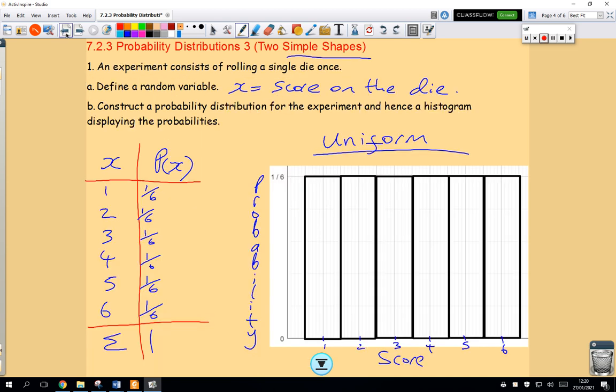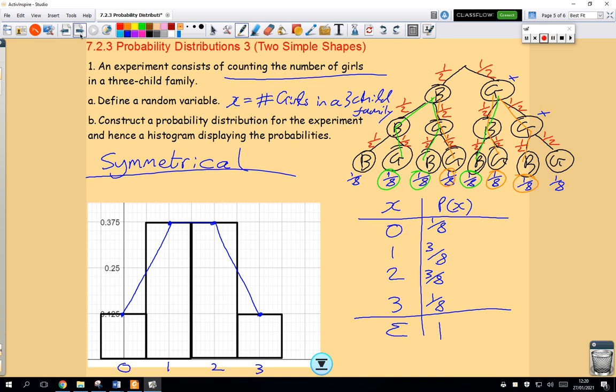The first one is uniform, which by the way is also symmetrical, but this one is very important, because we're going to be talking in our next class about a very particular kind of symmetrical distribution called a normal distribution, which follows a pattern a bit like this, where it goes up and around like that.